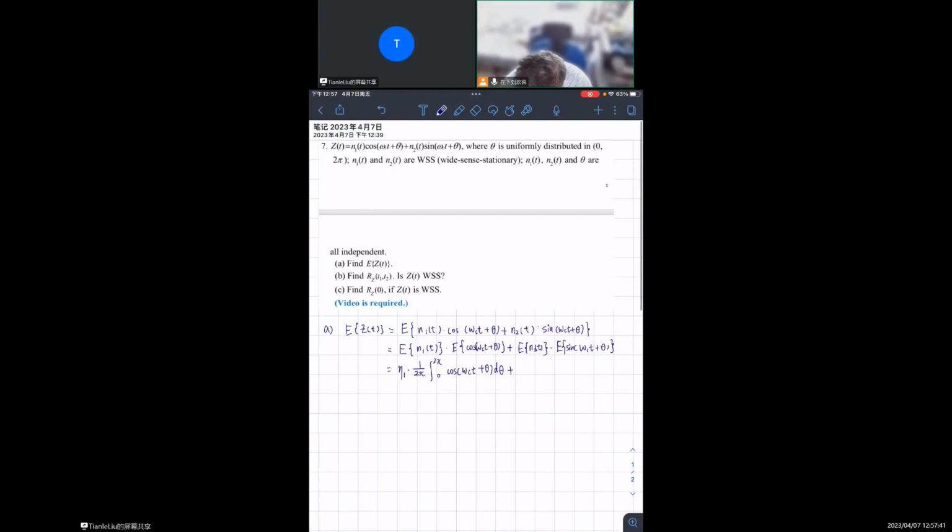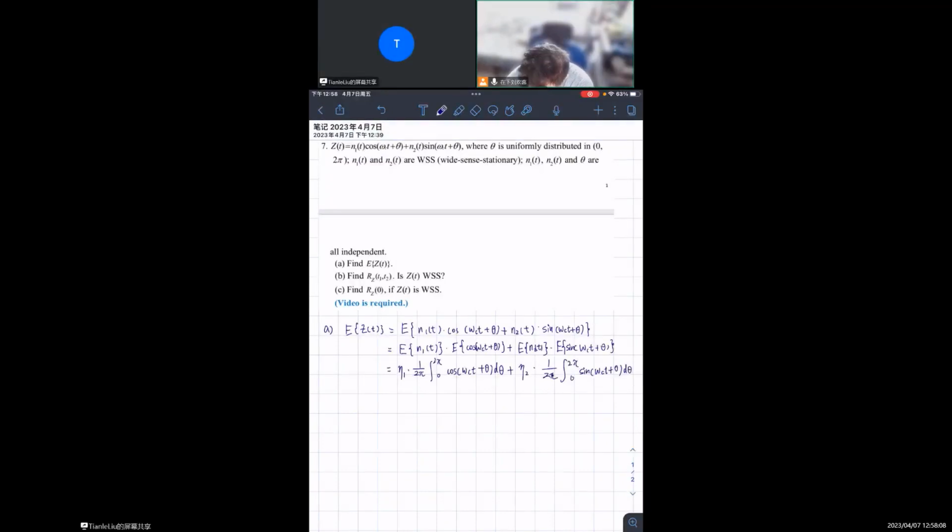For the next part, since N2(t) is also wide-sense stationary, we write it as mu2 multiplied by the exact same form of the integral, with sine(omega_c t plus theta) d theta.